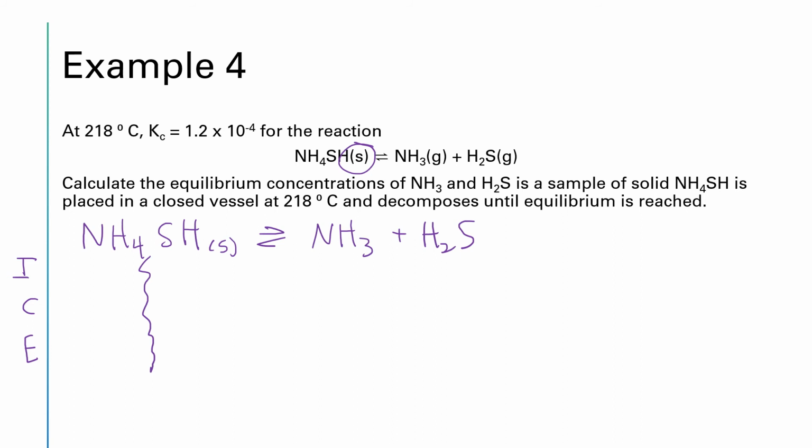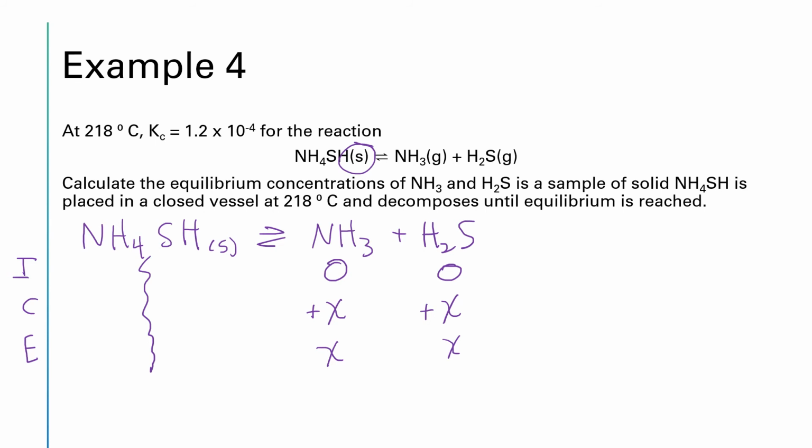NH3 and H2S initially then must be 0. As this reaction reaches equilibrium, we are going to gain x in ammonia and x in H2S. So at equilibrium, each one of these will be equal to x.